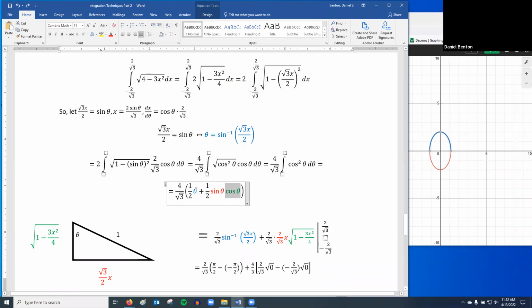Remember, sine is opposite over hypotenuse, and since sine is this, we call this the opposite and 1 the hypotenuse, which makes cosine this thing right here. This thing right here is cosine. So where I have a sine, I just put what we set sine equal to.